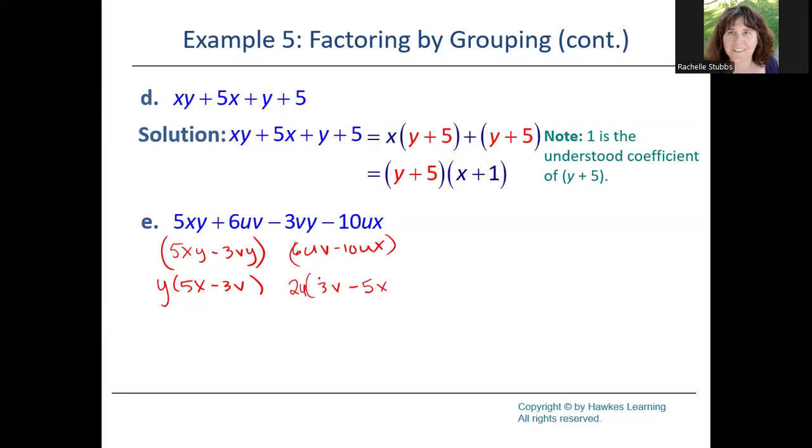But what if I did this then? What if I factored out a negative 2u? Then that would give me a negative 3v and a positive 5x. And then I could just rewrite this as 5x minus 3v.